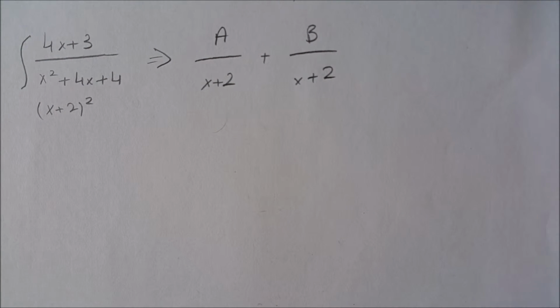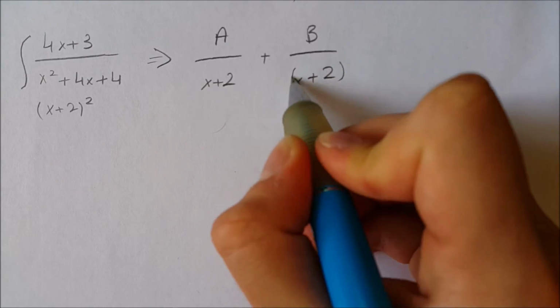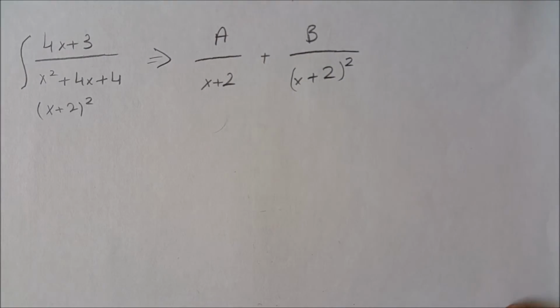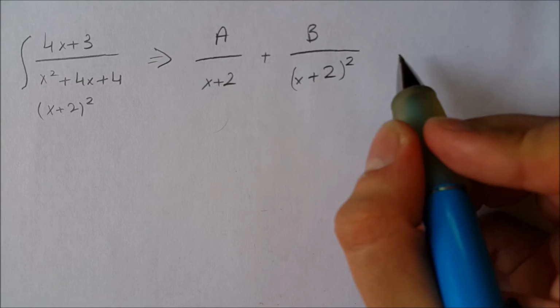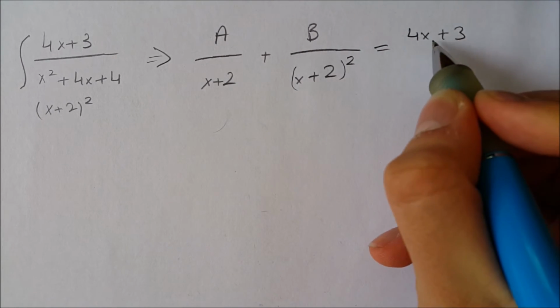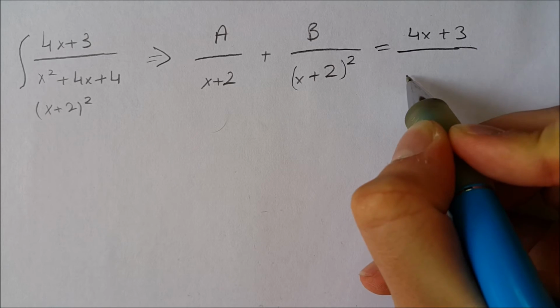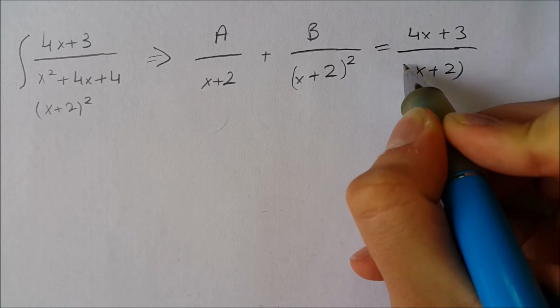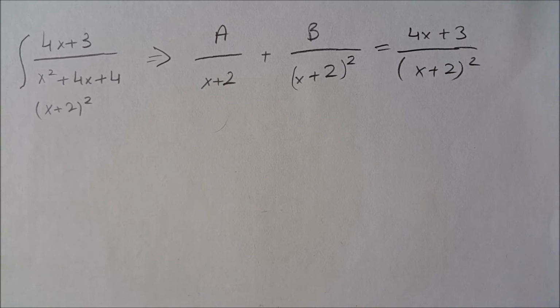So we have to make one of them x plus 2 squared, so that when we add these two together, we'll get the denominator the same. So then this is equal to 4x plus 3 over x plus 2 squared, as it says in the question.